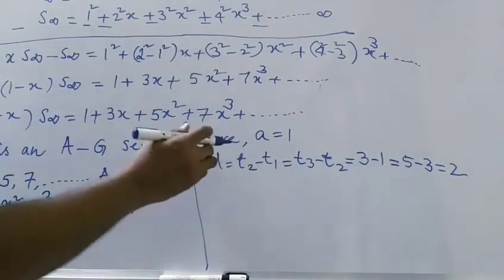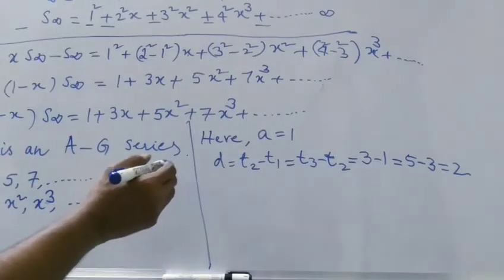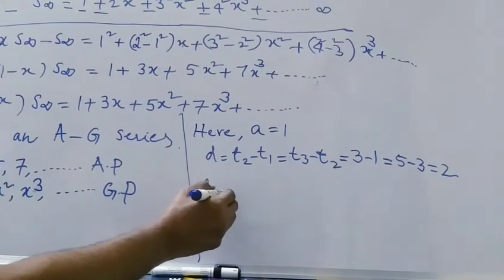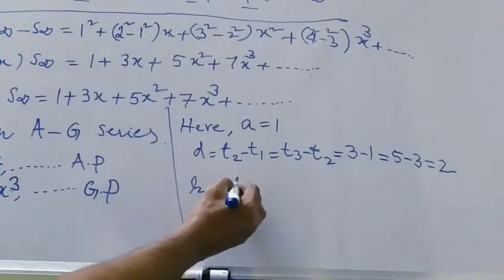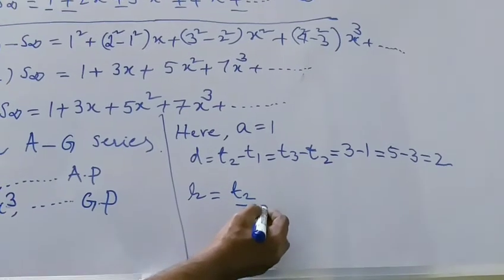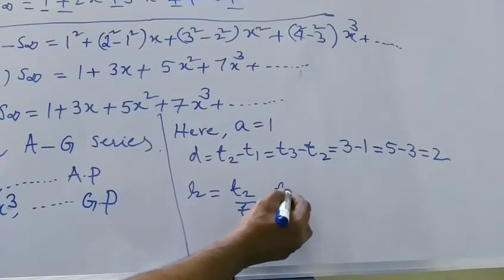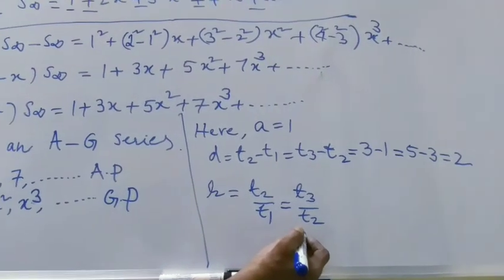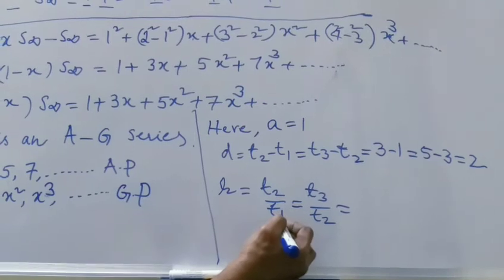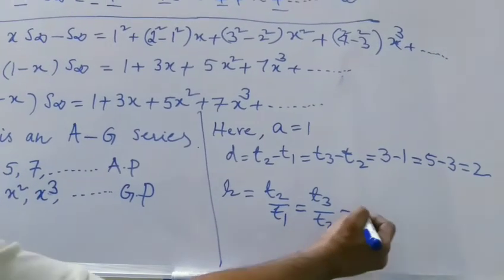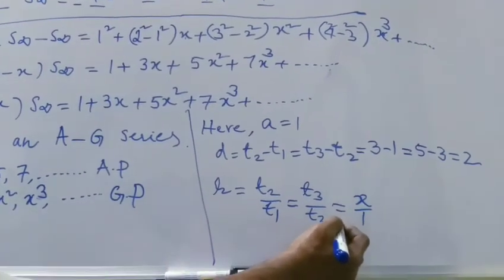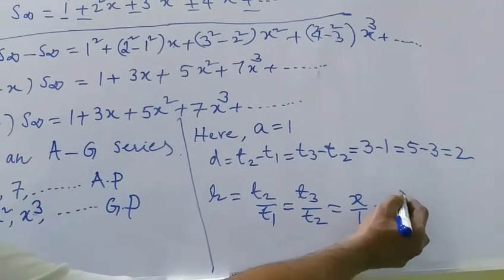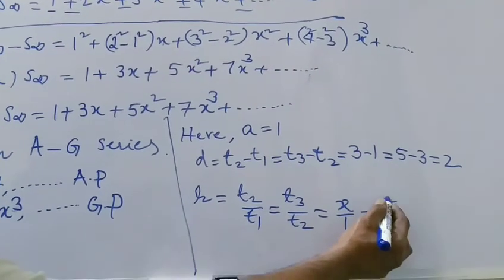The common difference of this is 2. And similarly, the common ratio r is equal to t2 by t1, t3 by t2, that is x by 1, x square by x.